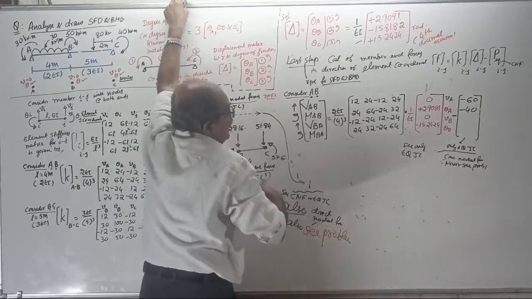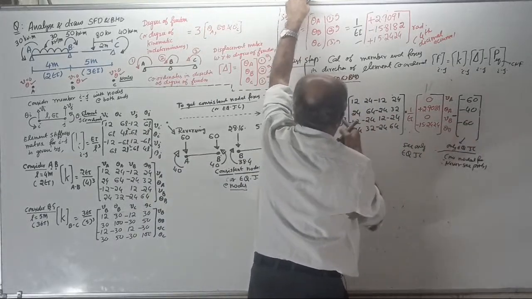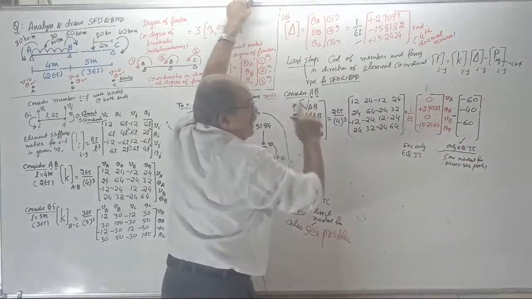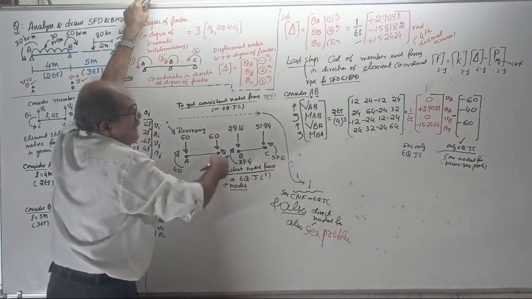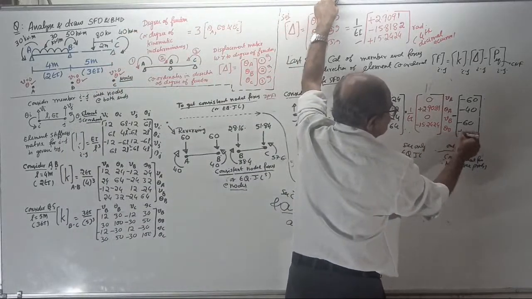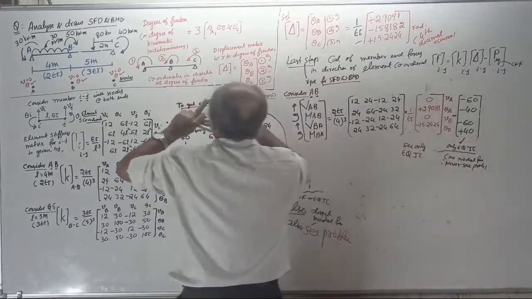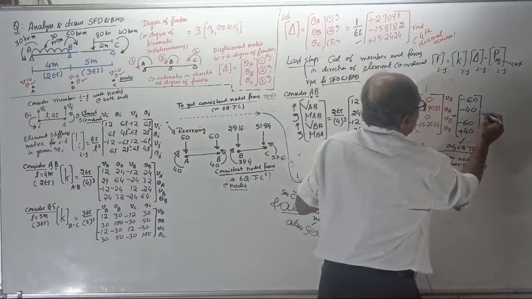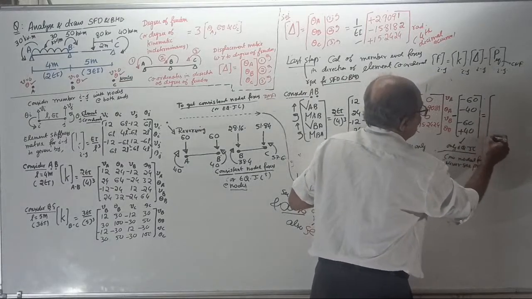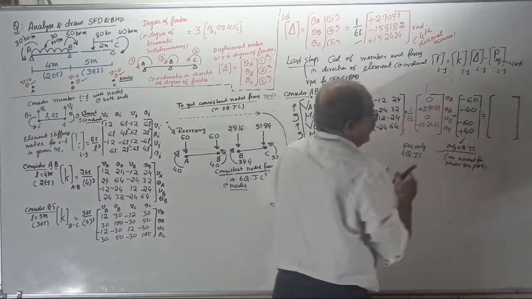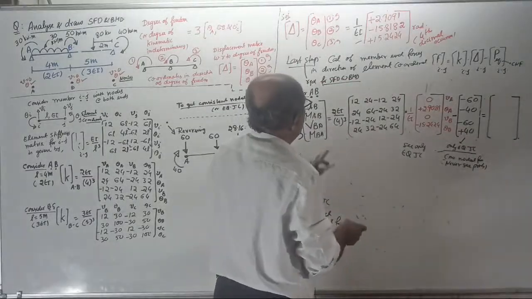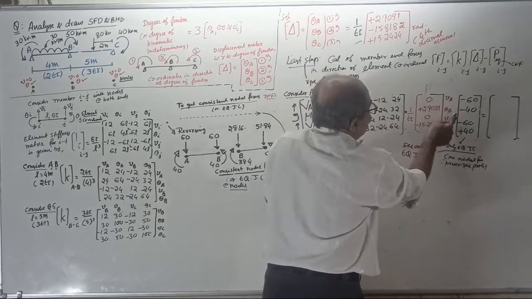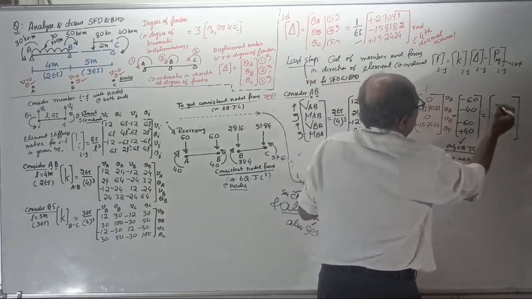Down 60. See, upward positive, anti-clockwise positive. Lastly, anti-clockwise 40. That's all. Should not see these couples. See now. Minus of minus 60.